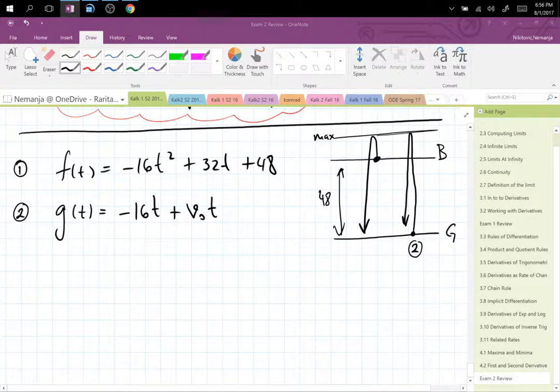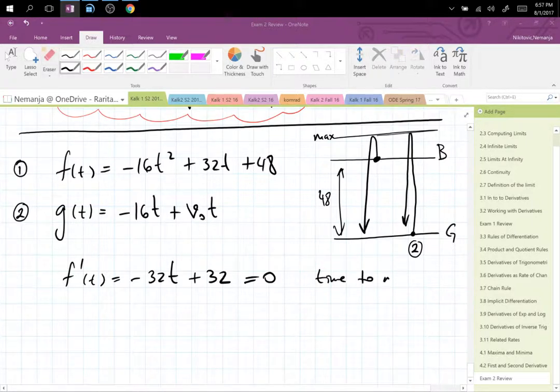Well, we know that max occurs when we take the derivative, right? So we can find by figuring out f prime of t, which will be negative 32t plus 32, set that equal to 0, and that gives us the max, but it actually gives us the time to max, not the max height.